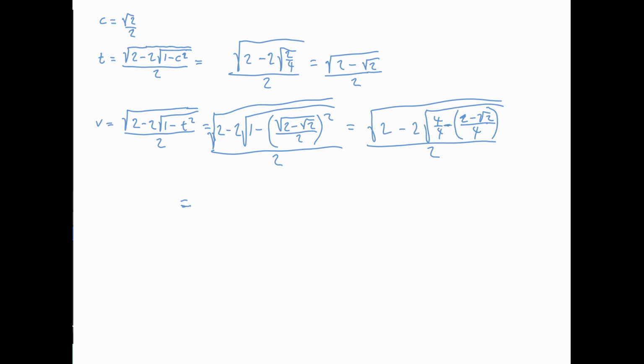We got to distribute that negative through. So that'll end up being 4 minus 2, so it's 2. And then the negative here times this negative here would be a positive. So it'd be positive square root of 2 over 4.